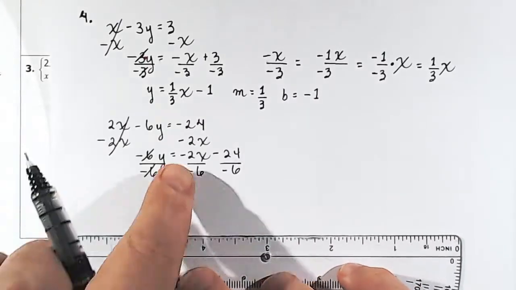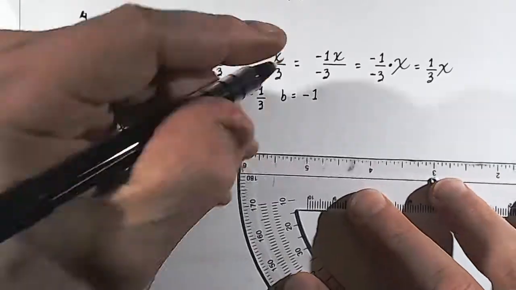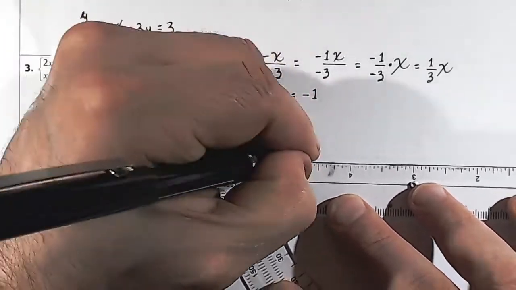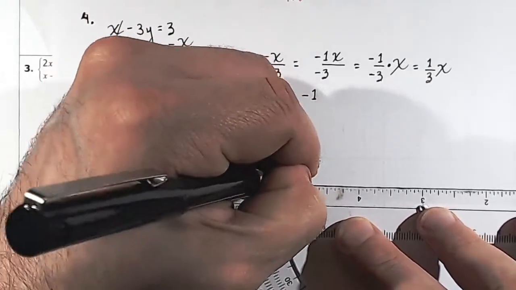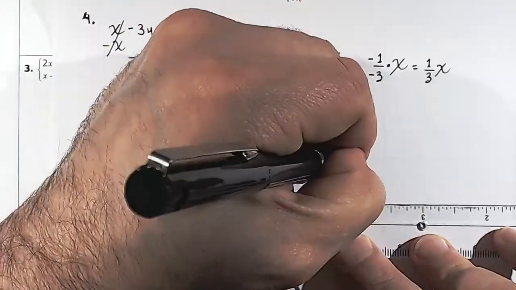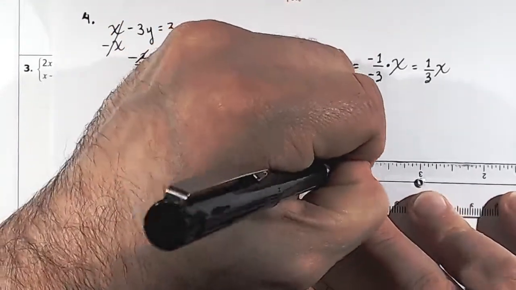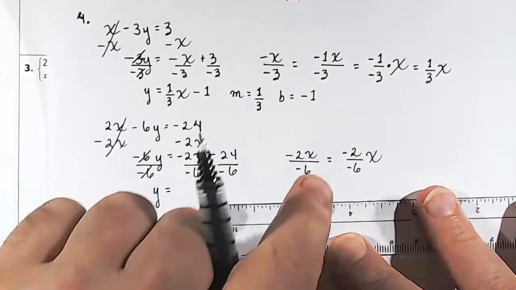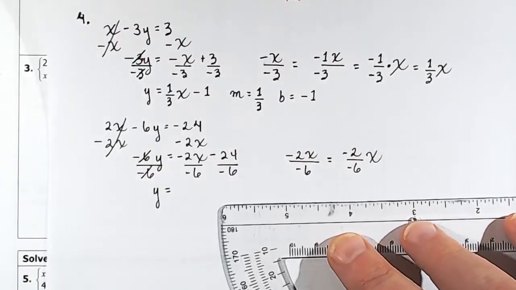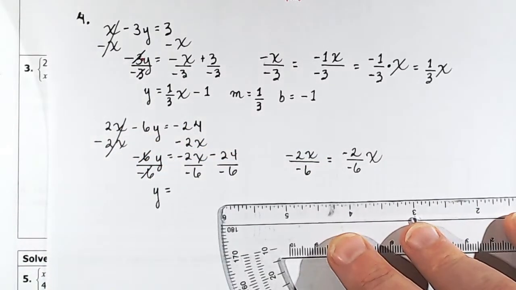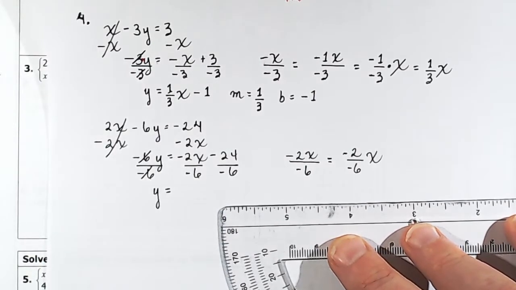And now I have y equals negative 2x over negative 6. So this we need to address, negative 2x over negative 6. That can be written as negative 2 over negative 6 x. And that negative by a negative goes away. And I can simplify 2 over 6 down to 1 over 3 by dividing both the numerator and denominator by 2.